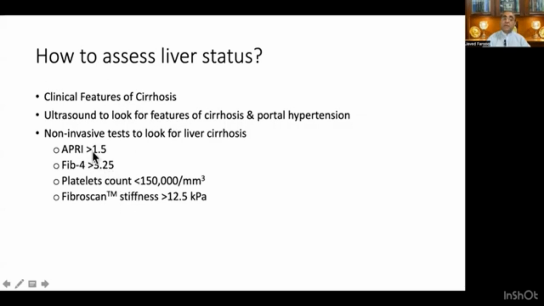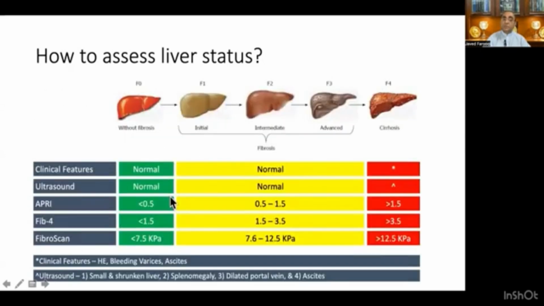You decide whether the APRI value is more than 1.5 or less than 1.5, FIB-4 more than 3.25 or less than 3.25, platelet count less than 150 or more than 150, and whether the FibroScan stiffness is there or not, and how much the FibroScan stiffness is. So these are the non-invasive tests to look for liver cirrhosis.